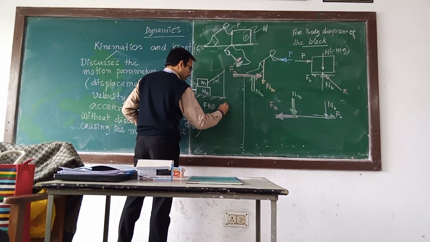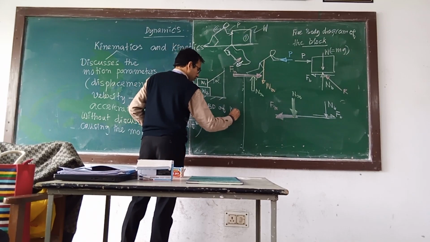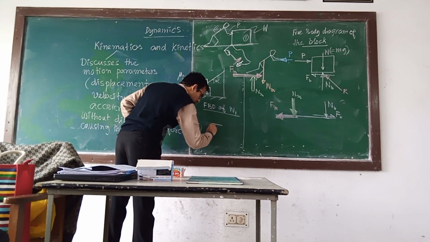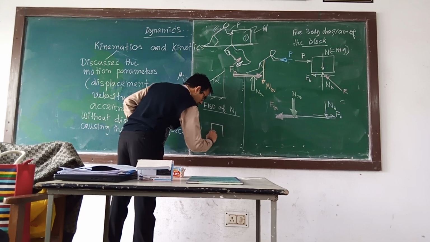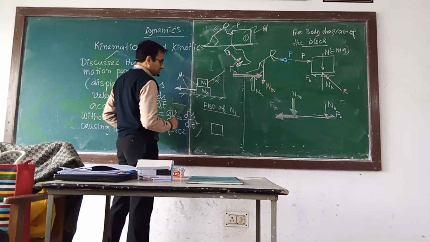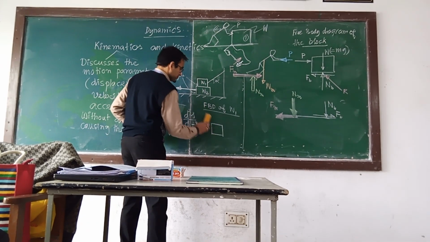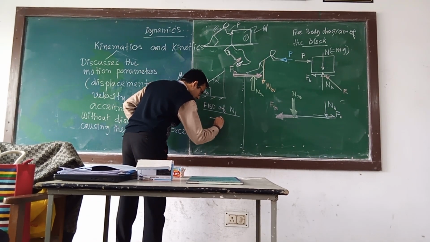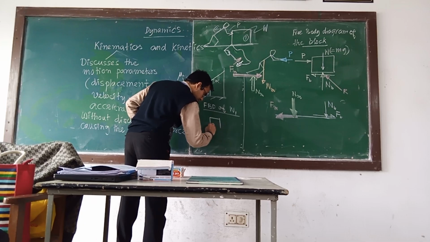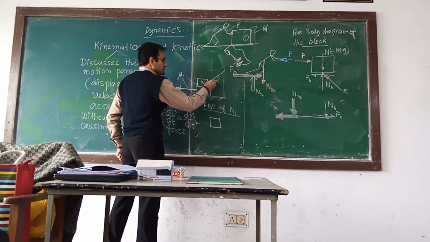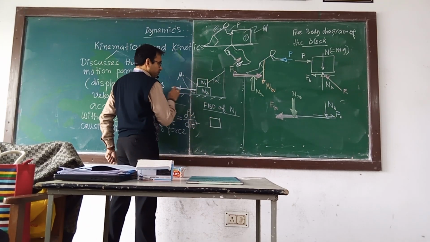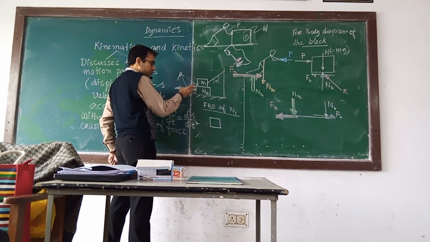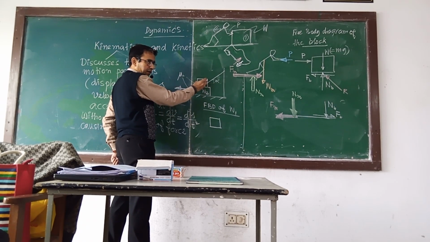FBD of W1. What will that be? There will be tension. I pull it, so it will try to be pulled, and accordingly it will drag this one also.